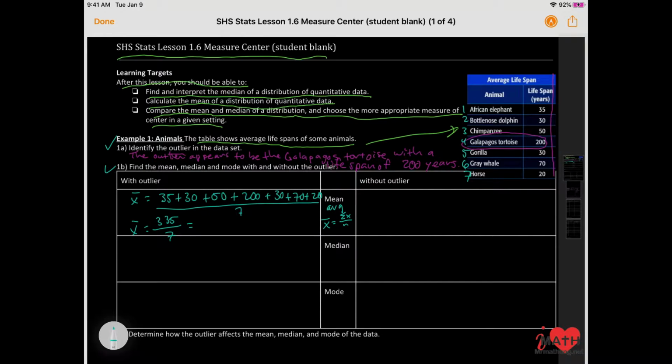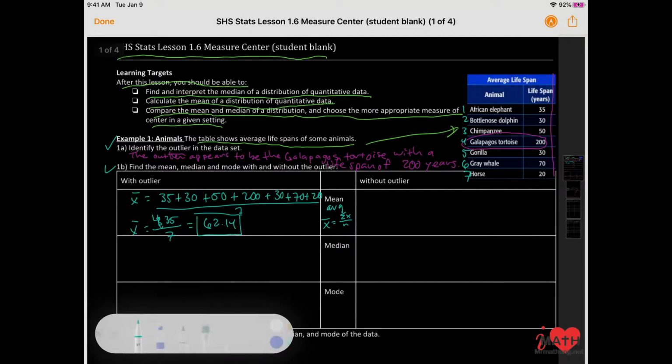So 35 plus 30 plus 50 plus 200 plus 30 plus 70 plus 20, that's 435, divided by 7 gives us an average of approximately 62.14. A couple of decimals are helpful.